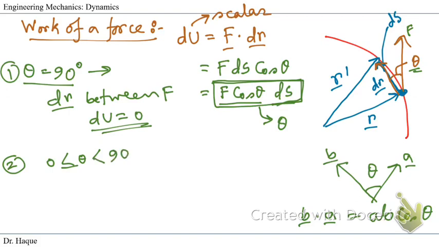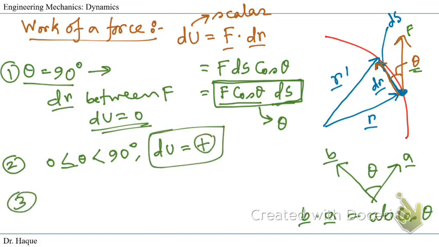Then we will have some work. Then dU will be positive, because cos theta, the F cos theta component, will be positive, and we will have some positive work.